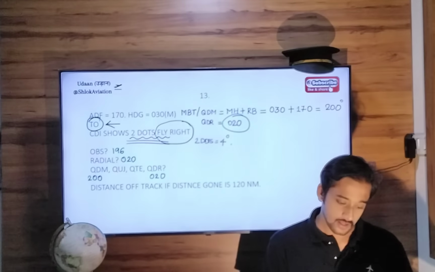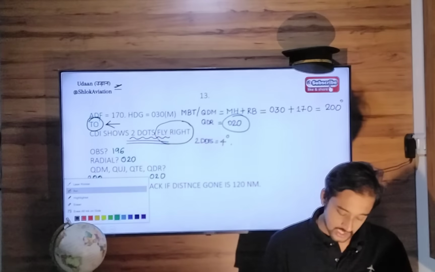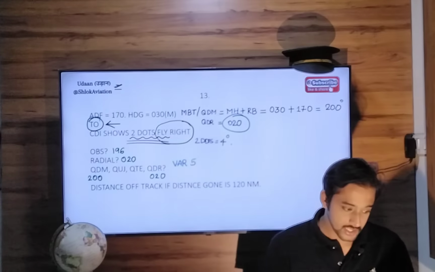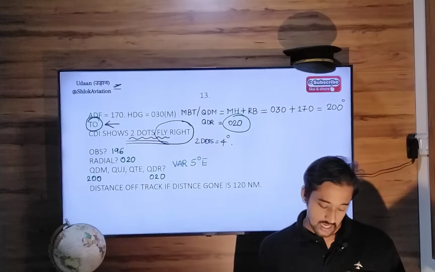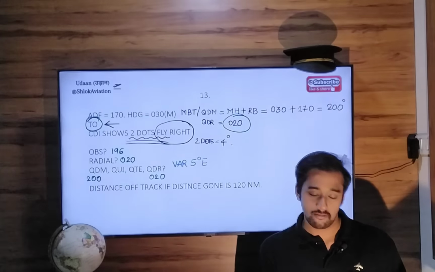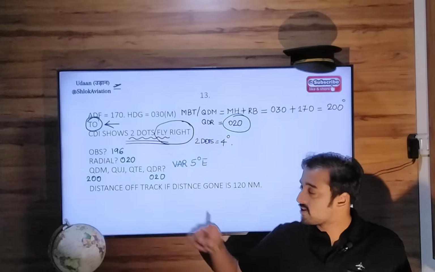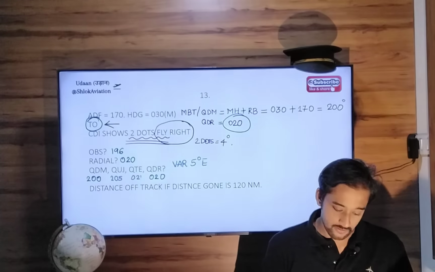So variation is 5 degrees east. Variation east, magnetic will be least, so true will be more than magnetic. So if QDM is 200, QUJ will be 205, QTE will be 025.